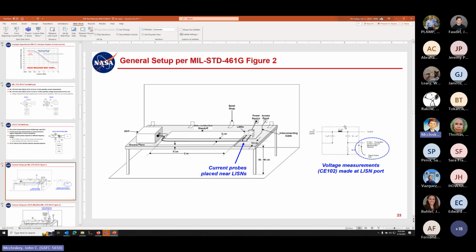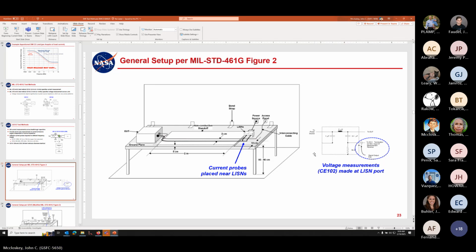Some people still insist on using it, but the project, if they've done their homework, should specify what LISN they want to use, if any. If they say no, we want to use a 5 microhenry LISN, or if they have a custom LISN, they need to identify that. That's not up to the test team to say what's the appropriate LISN. That needs to come from the project.